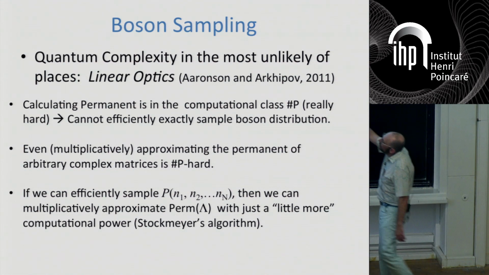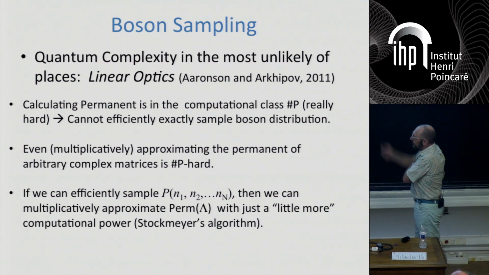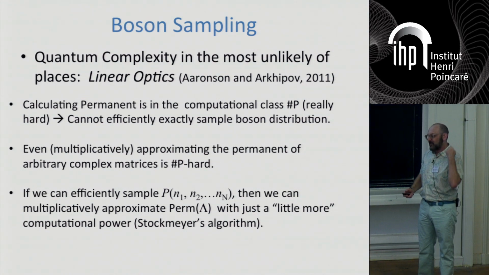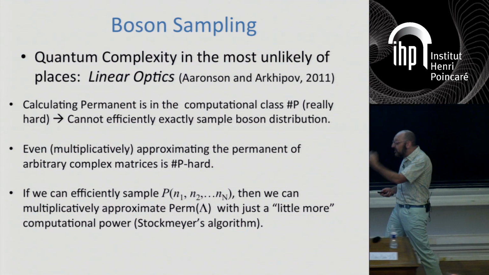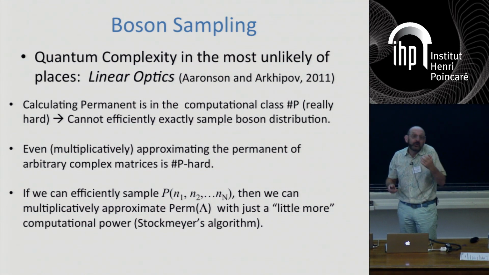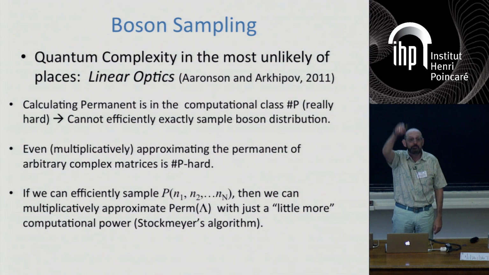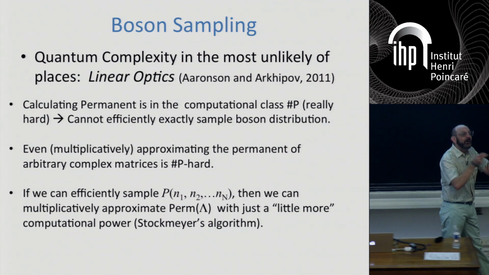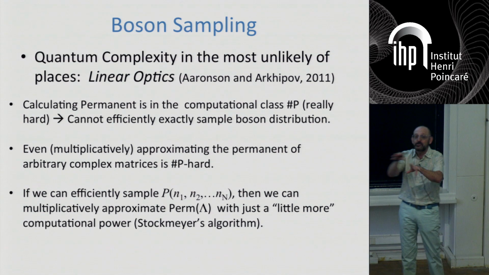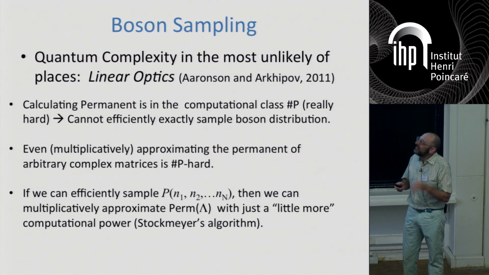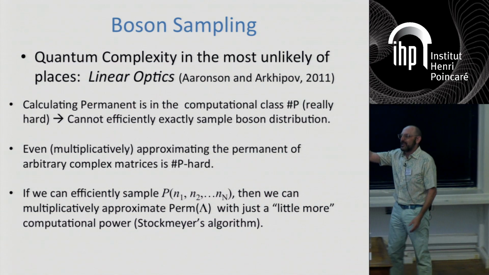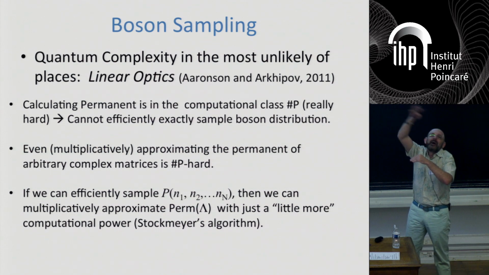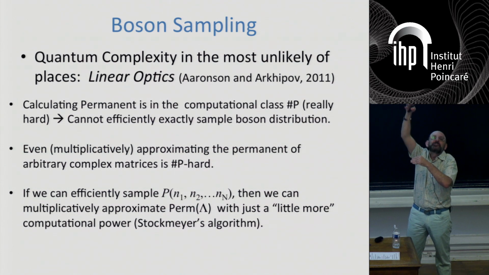And it's a known result from computer science that if I could sample from this distribution that is a function of the permanent, if there was this magic box that I could push buttons on and would spit out random numbers on the speckle pattern according to this interference of the exponential paths, then there exists a way of approximating the permanent a little bit above, somewhere up in the polynomial hierarchy, like 2 steps up.